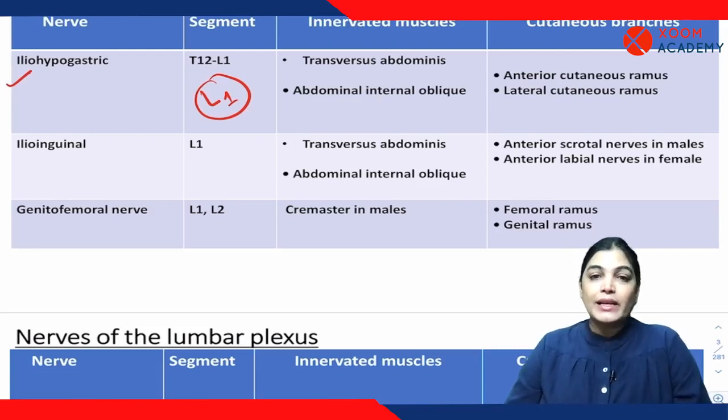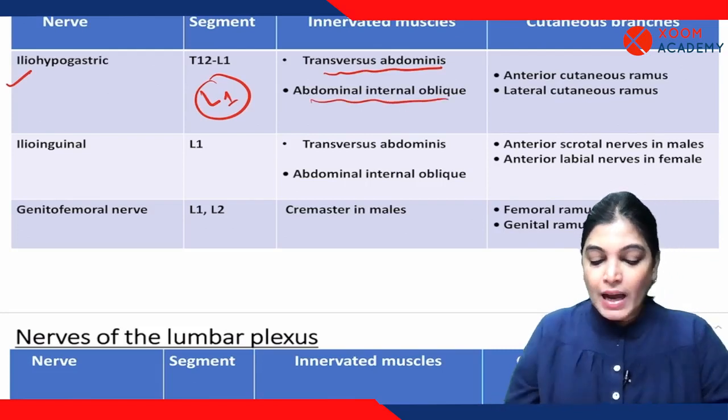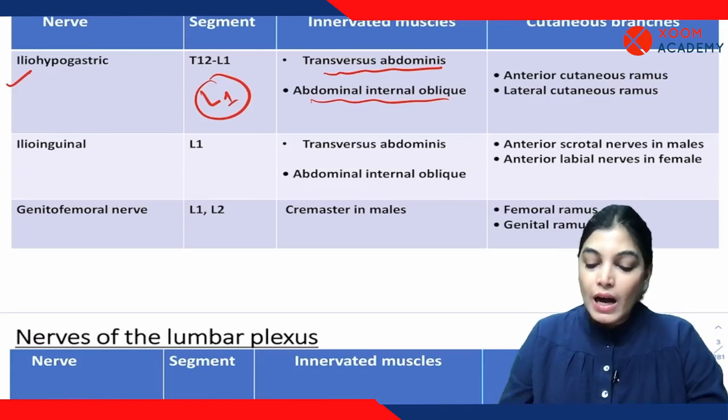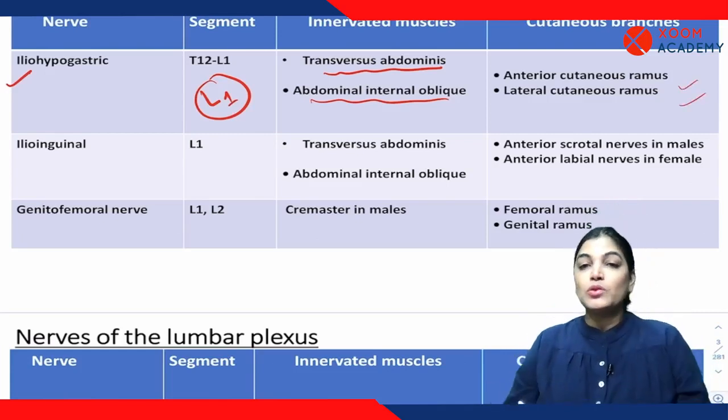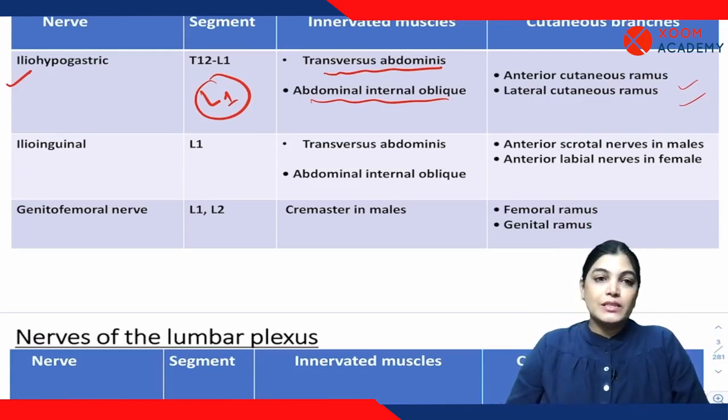Which muscles? It innervates the transverse abdominis muscle and also the internal oblique muscle. Other than that, it is important to know that it divides into two cutaneous nerves: anterior cutaneous and lateral cutaneous nerves.